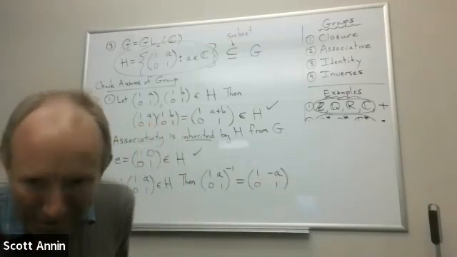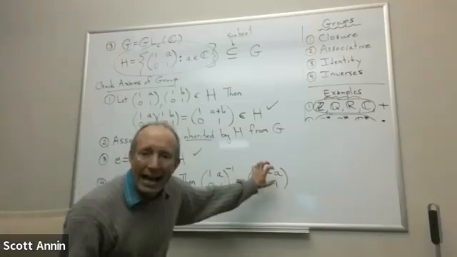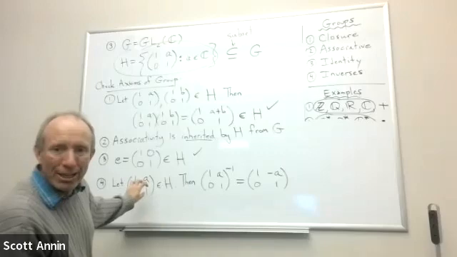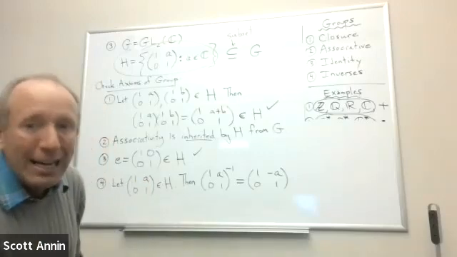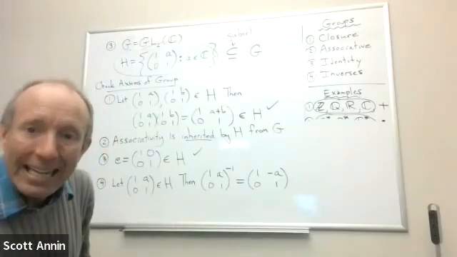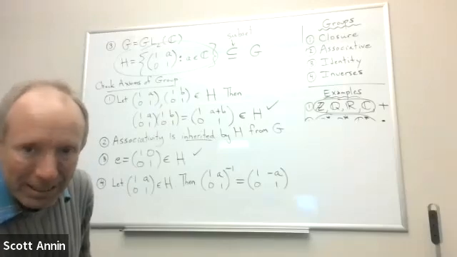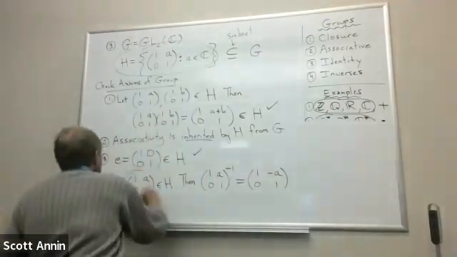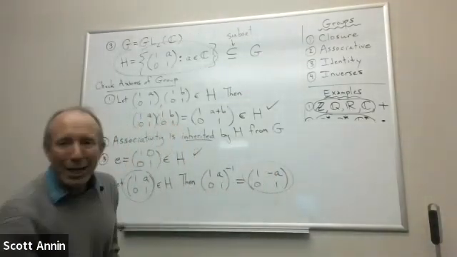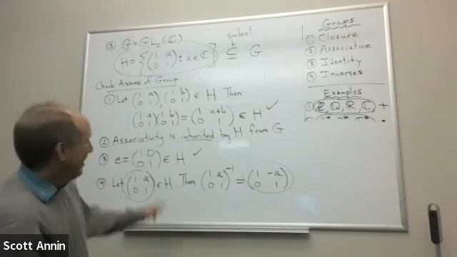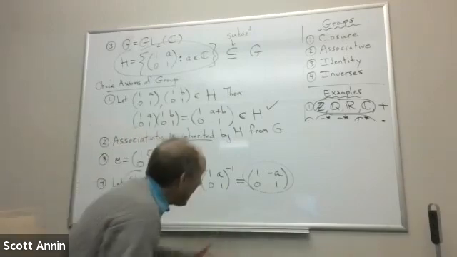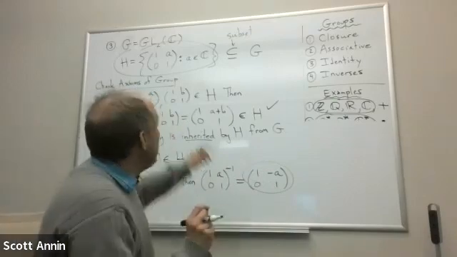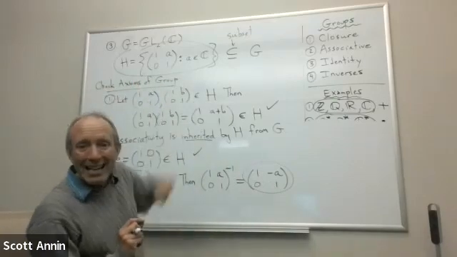Now, if you didn't believe me, you could take that proposed inverse and multiply it by the original element, just do matrix multiplication, and verify that you actually get the identity element E again. But that's a pretty simple calculation. Just take these two things that I've circled and multiply them together. I'll let you do it. You will get E, right? And this inverse is in the right form to belong to H again.